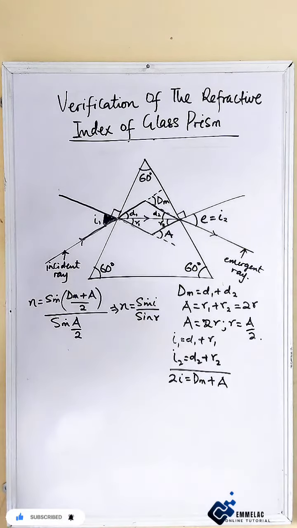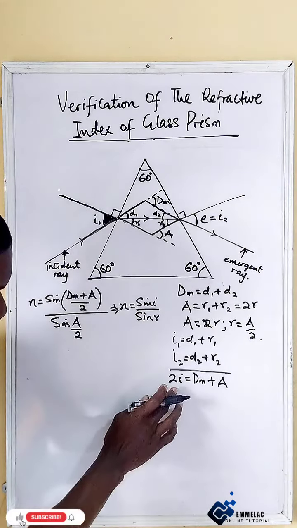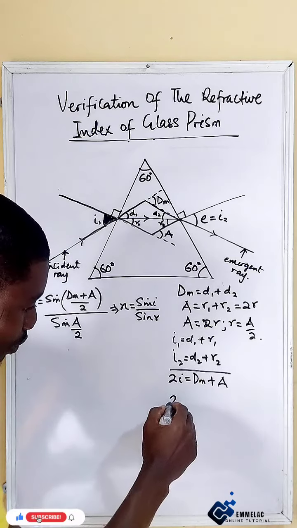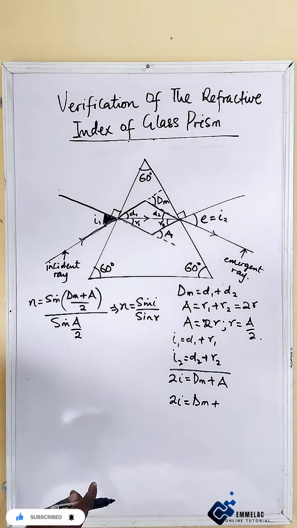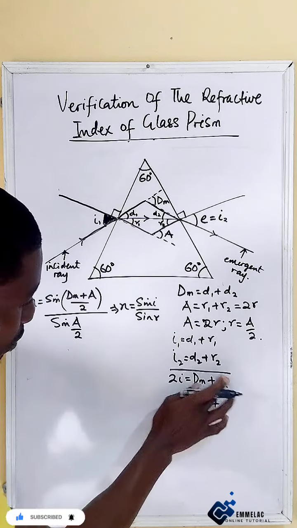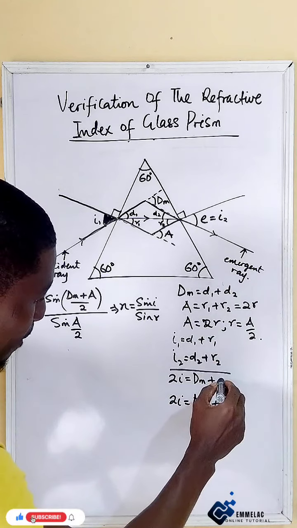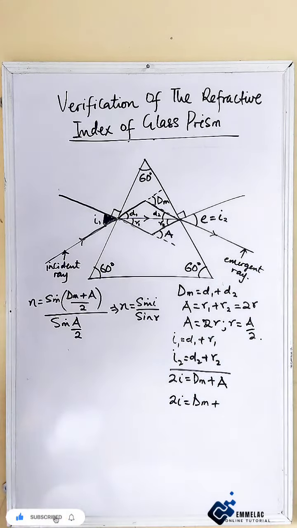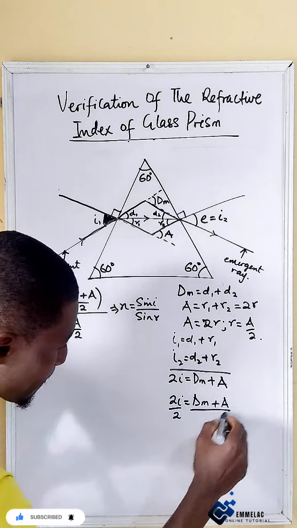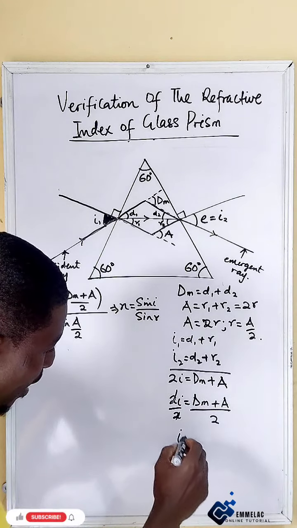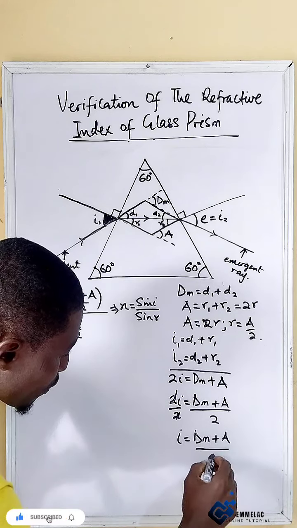So here we have 2i equals Dm plus r1 plus r2, which equals 2r, which is A. So there we have it, A. Now dividing both sides by 2, our i equals Dm plus A all over 2.